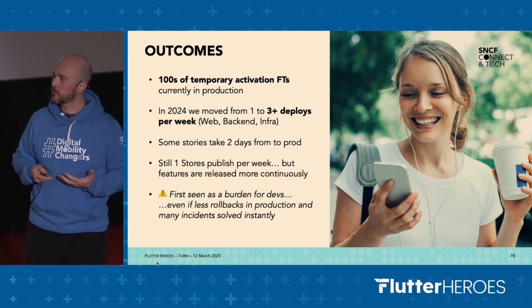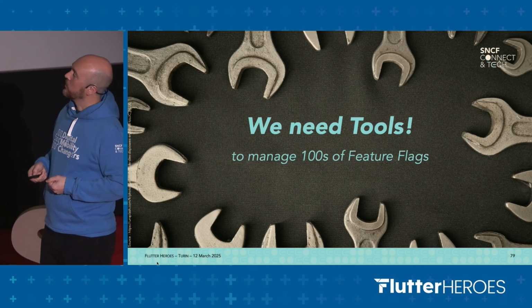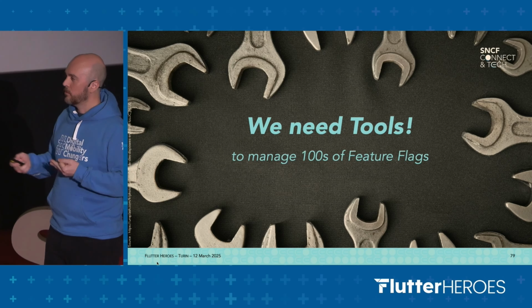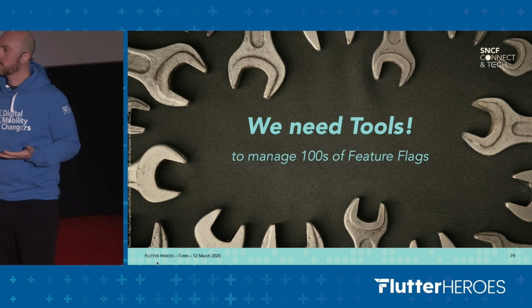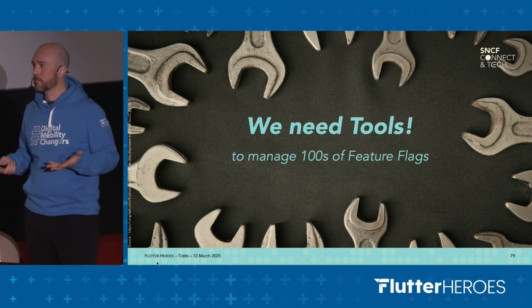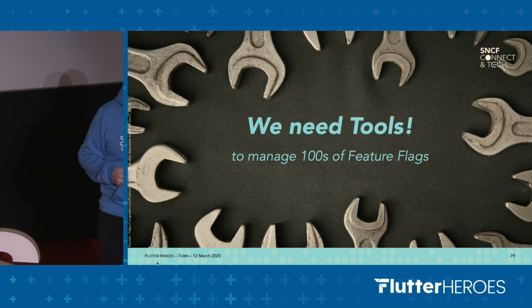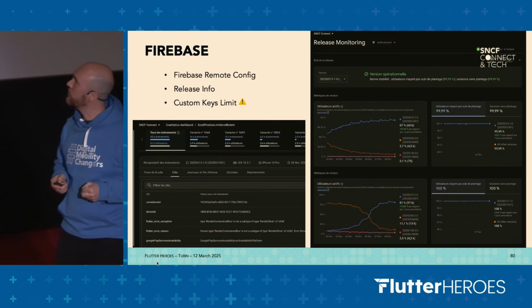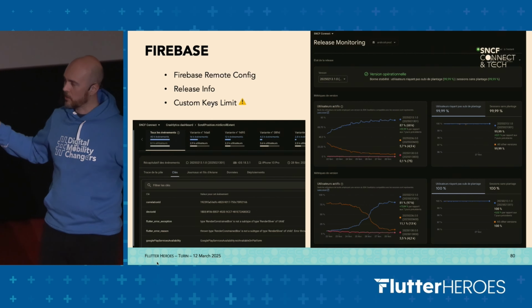Incidents almost solved instantly thanks to these toggles. So it's a great way to work differently, to modify your release cycles. Now we feel the need for more tools, and we'll now finish with all the tools you can leverage to use feature toggles at a large scale.